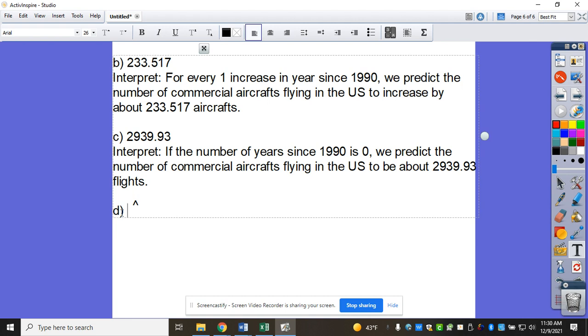I'm going to write my equation first. What is our equation? And then I'm going to go ahead and plug in, what is my x? 2, because in 1992, that's how many years since 1990? That's 2.